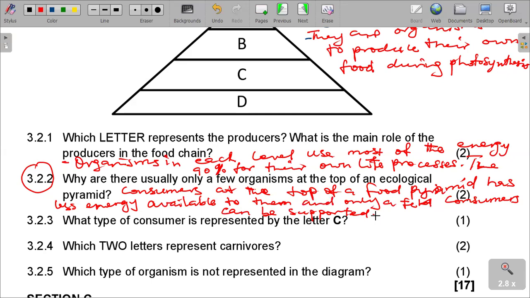Only a few can be supported. That is the condition that we need to understand in terms of these conditions that we are referring to.